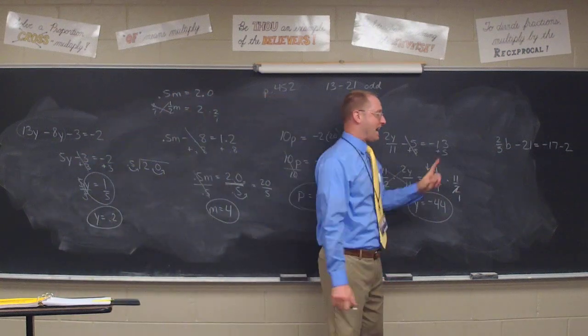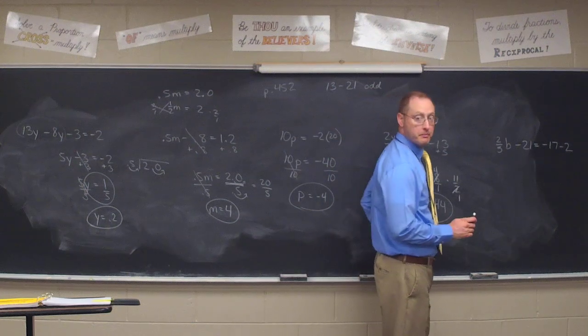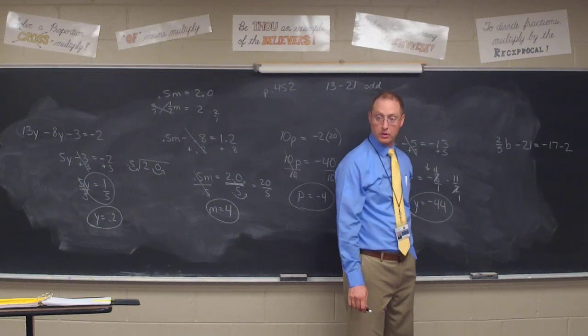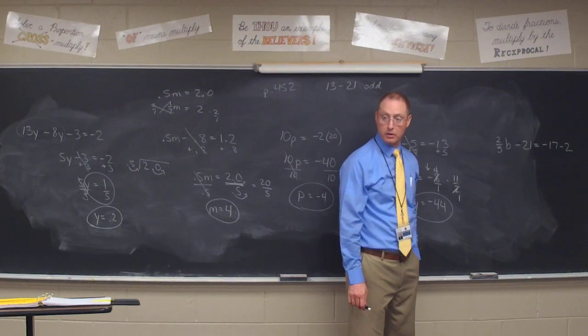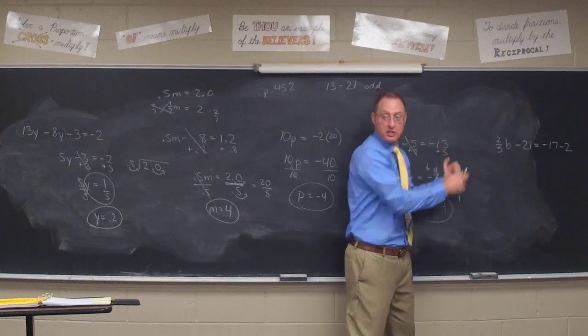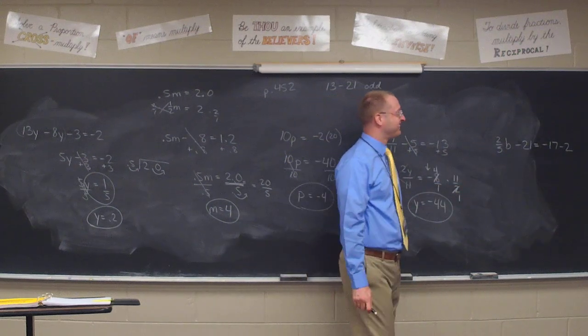Coming over here now, the last problem we did, and let's go to Michael for this one. Number 21, what do we do? So Michael, what do we do to solve this equation? First we go to the right side. Good.